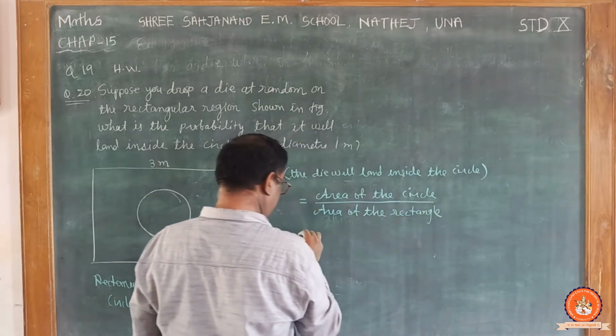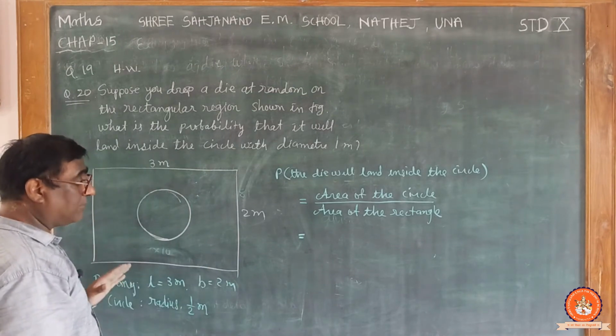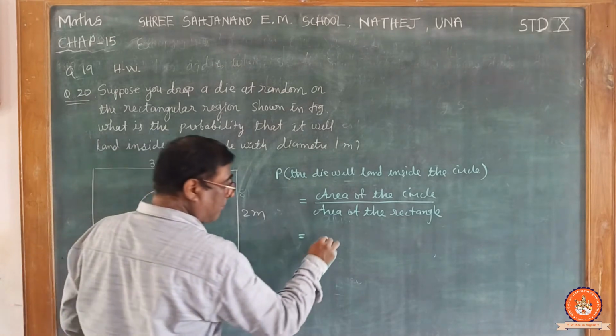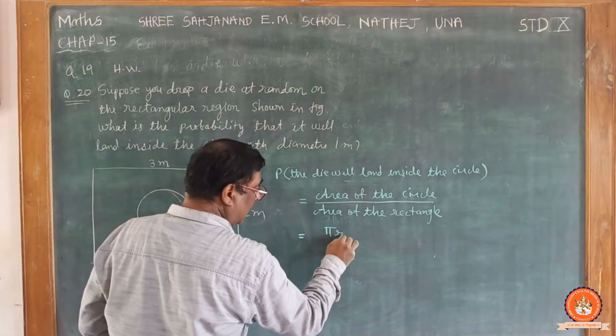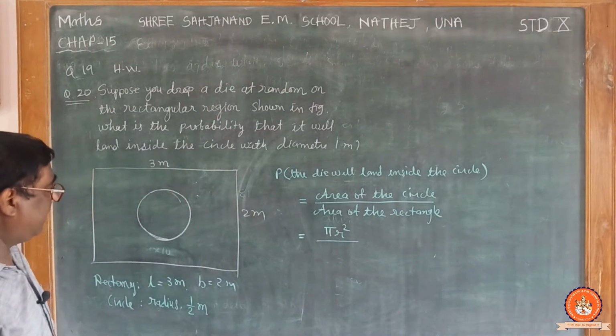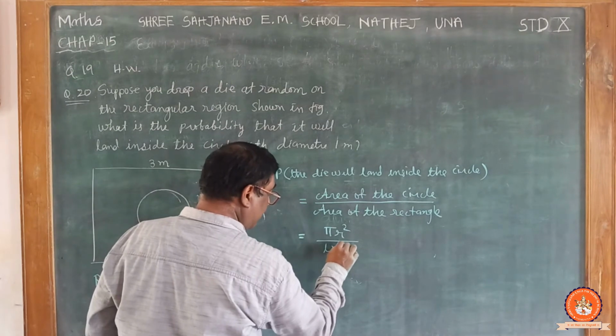The formula to find the area of a circle is pi r square, and the area of a rectangle is L into B.